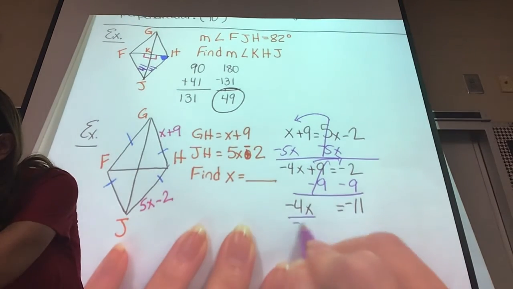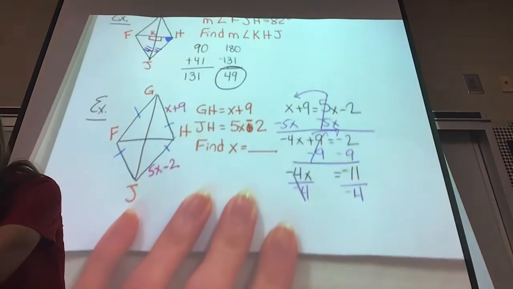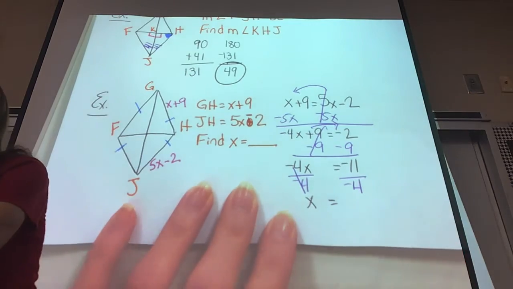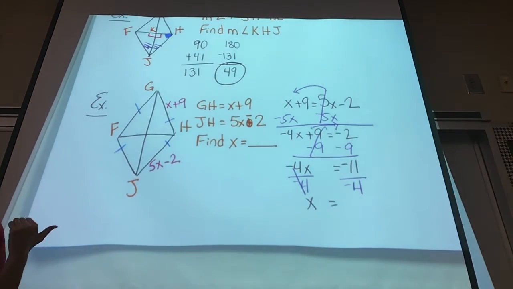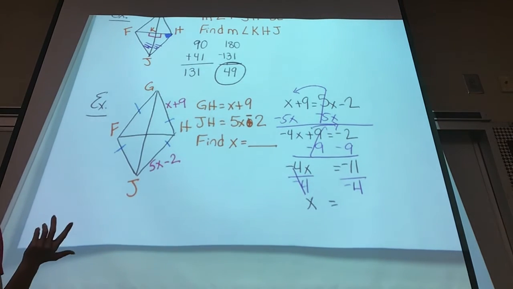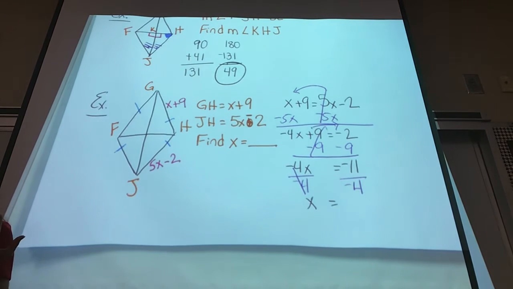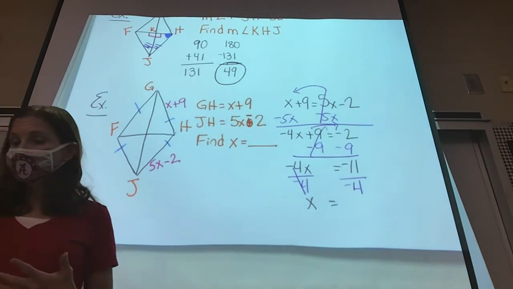Now, when I divide by negative 4, what happens? Am I going to get a whole number? No. Now, they will sometimes give you information to round, like I told you on the practice quiz. In this case, they don't tell us anything, but when we divide it, do we get a decimal that continues on forever? No, we get a decimal that actually ends.